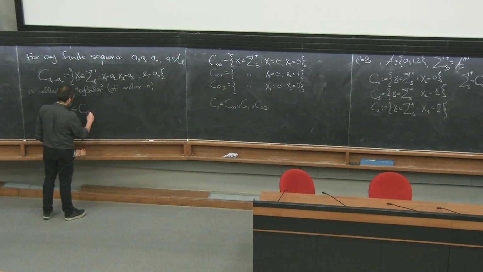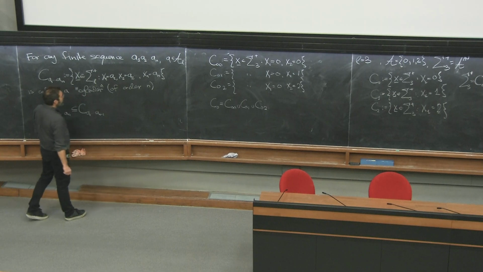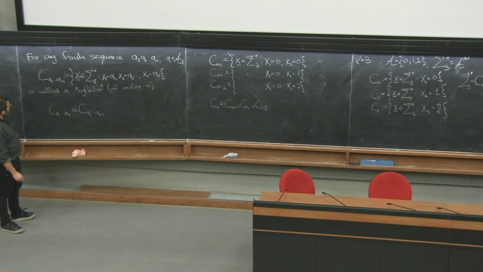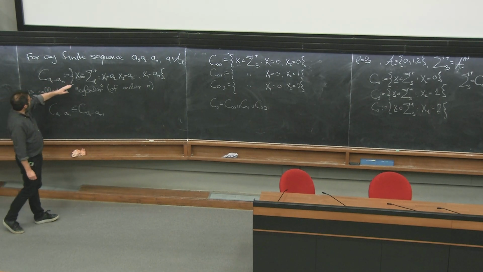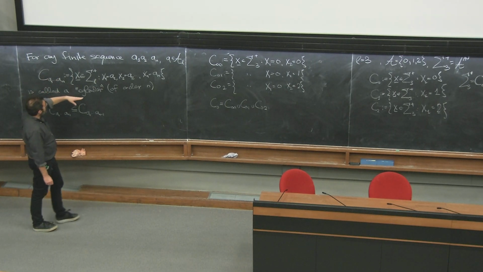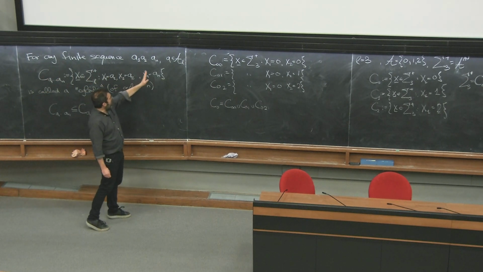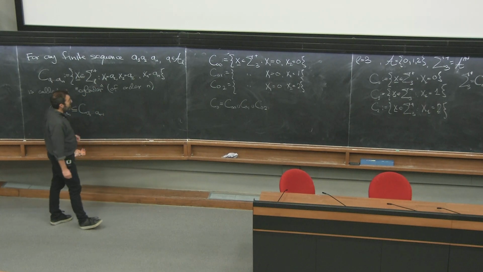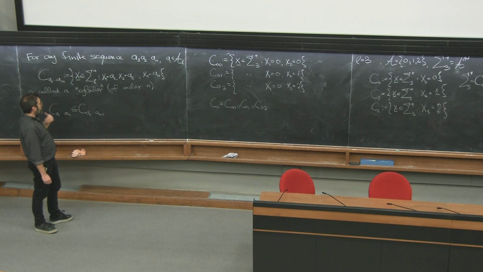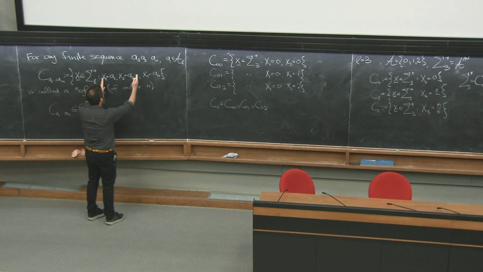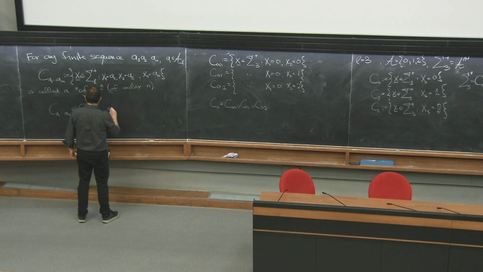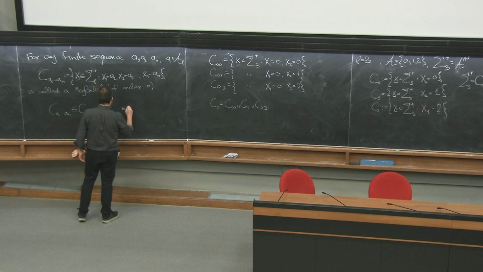We dropped one of them: C(a1 up to an minus 1). Because this is the set of sequences where you fix the first n digits, and of course this is contained in the cylinder set of order n minus 1, where you fix just the first n minus 1, and so on, and this is contained in C(a1).